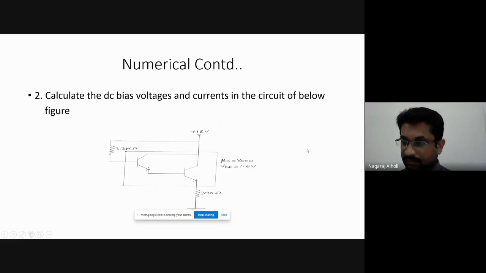Janvi? Okay, do the calculation. VCC minus VBE divided by RB plus beta D RE. Do the calculation. Be a little bit fast.